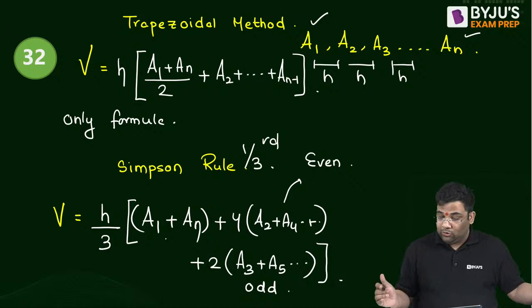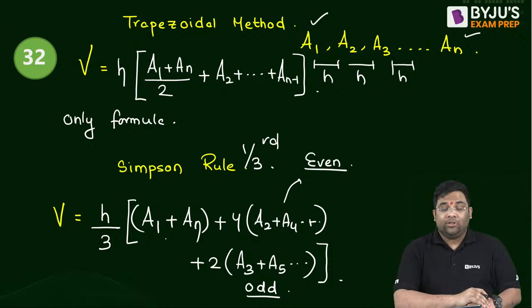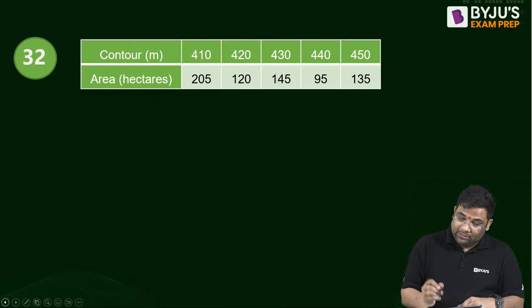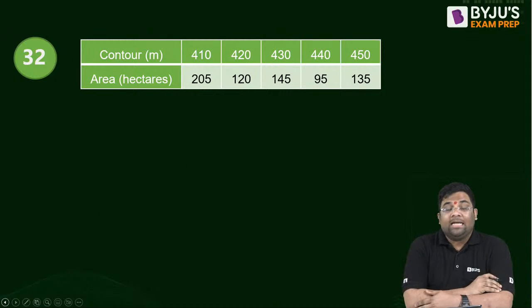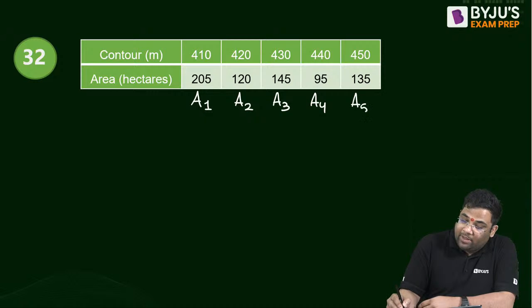So all the even terms and then odd terms, this is the formula. Understood this? Now use this formula and solve the answer to this. You see these are the areas, so I can say A1, A2, A3, A4, A5. And these are the contours given.